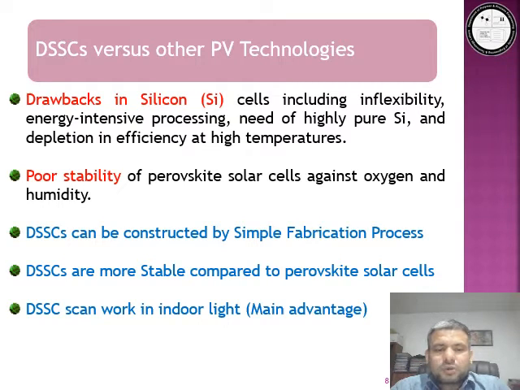So DSSCs possess an efficient power output in the entire range of the light spectrum, including LED or indoor fluorescent light. Even they can work efficiently in the condition of diffuse or dim sunlight, whereas silicon-based solar cells are not as efficient and perform rather poorly under these lighting conditions.